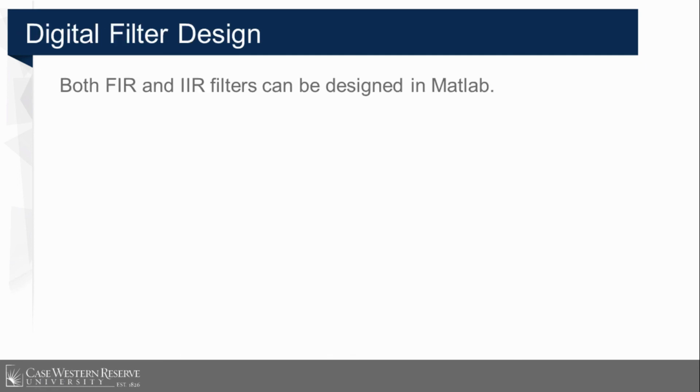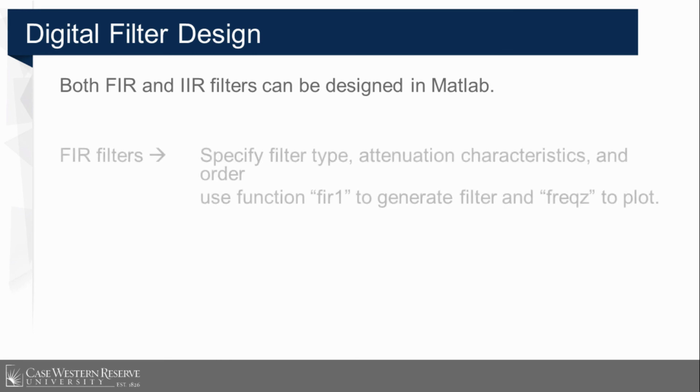So you'll see in the homeworks and also for your EKG project, you'll be designing digital filters. We can design both FIR filters and IIR filters in MATLAB. For FIR filters, we need to specify the filter type, the attenuation characteristics, so what frequencies we want to be transmitted and what frequencies we want to be suppressed, and we also generally will specify the filter order.